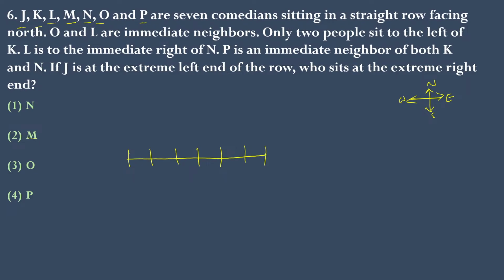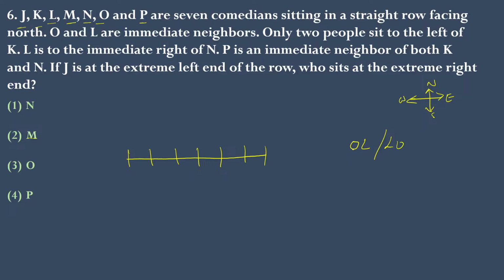Seven numbers are there. O and L are immediate neighbors. We can write O, L like this.